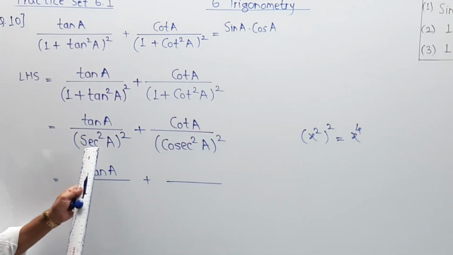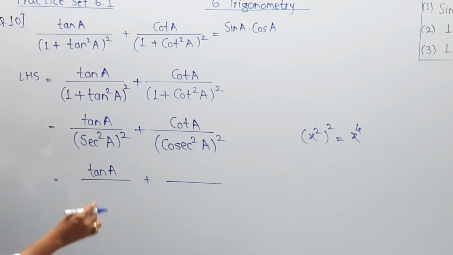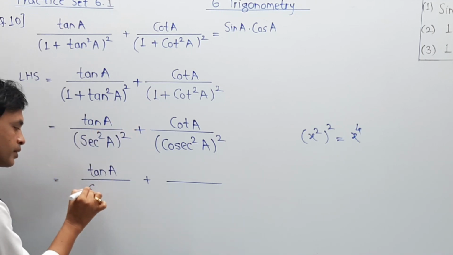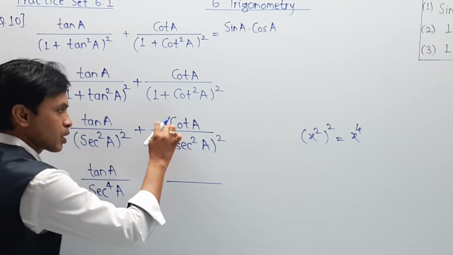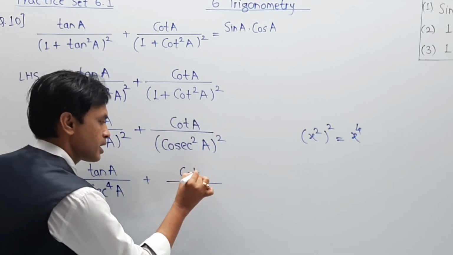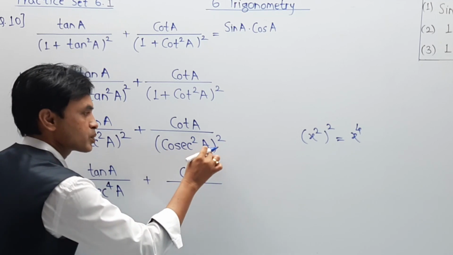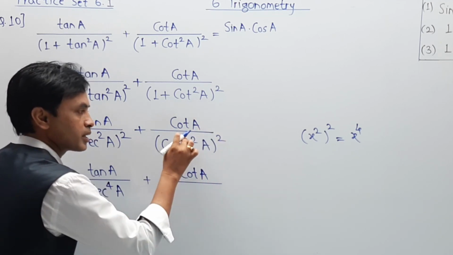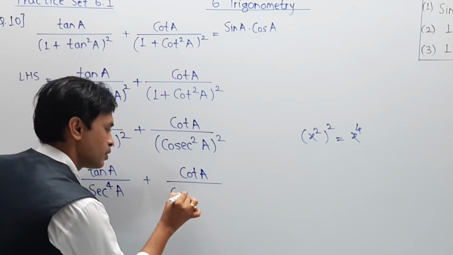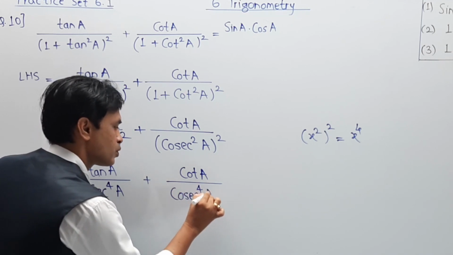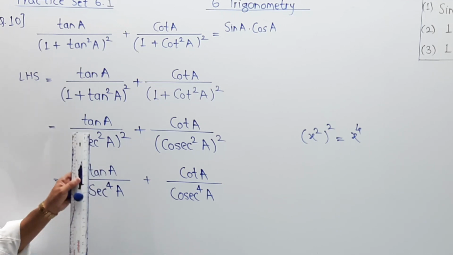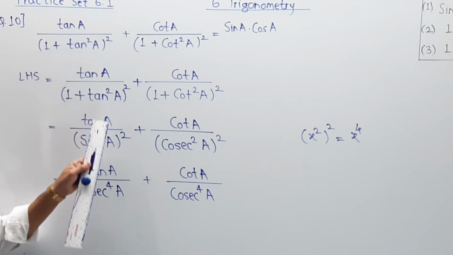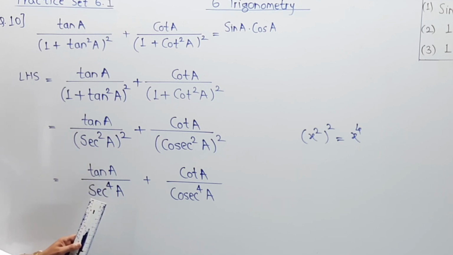In a similar manner, sec square A bracket square, I am going to write as sec raised to 4 A, so it becomes sec raised to 4 A, plus cot A as usual, and cosec square A bracket square becomes cosec raised to 4 A. Hope so. Up to this step all your concepts are very clear and you can easily understand. So in the first, second, third steps we are just going to reduce as much as we can possibly complete it.